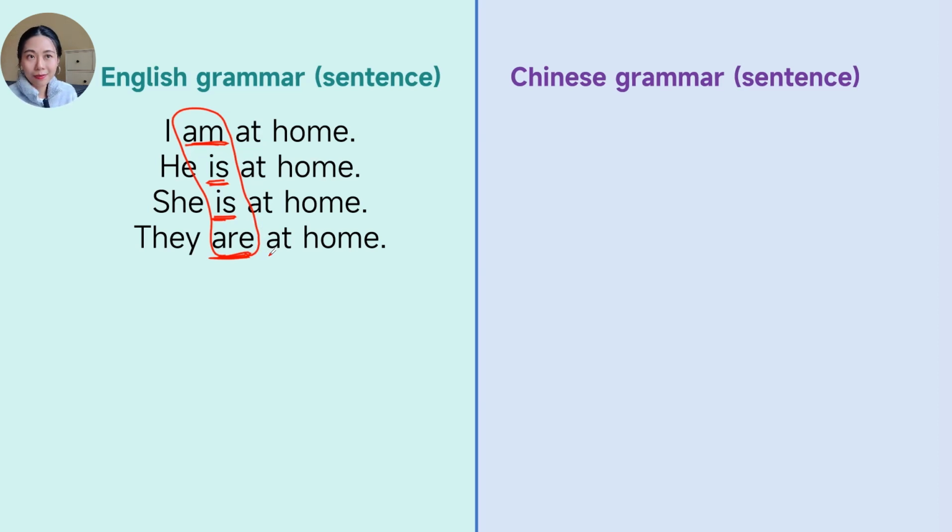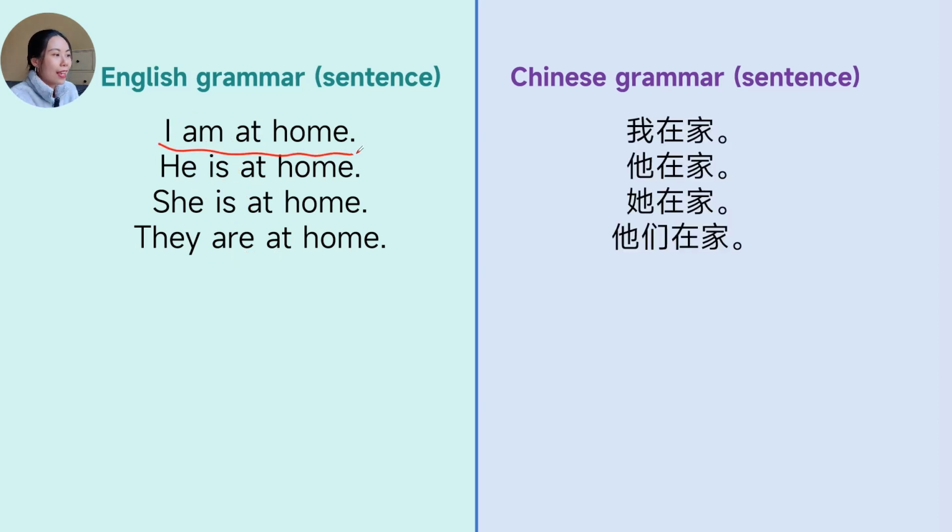But in Chinese, no, we don't have conjugation. Let me show you some examples. I am at home. We say 我在家. So 我 is I, 在 is at, 家 is home. So that would be 我在家, I at home.